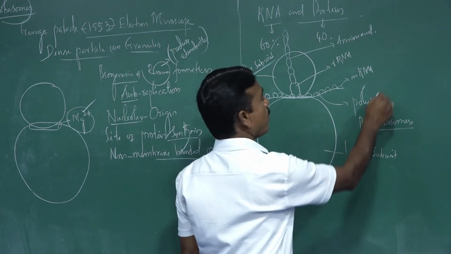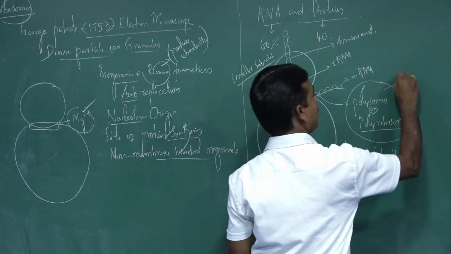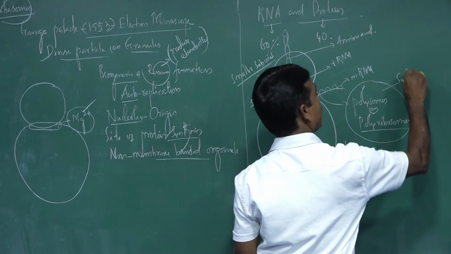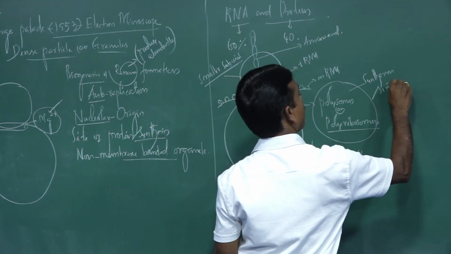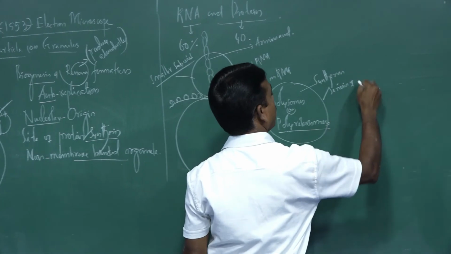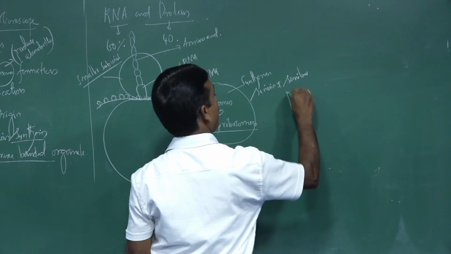What is the function of polysomes and polyribosomes? They are responsible for the synthesis of a series of similar polypeptides.